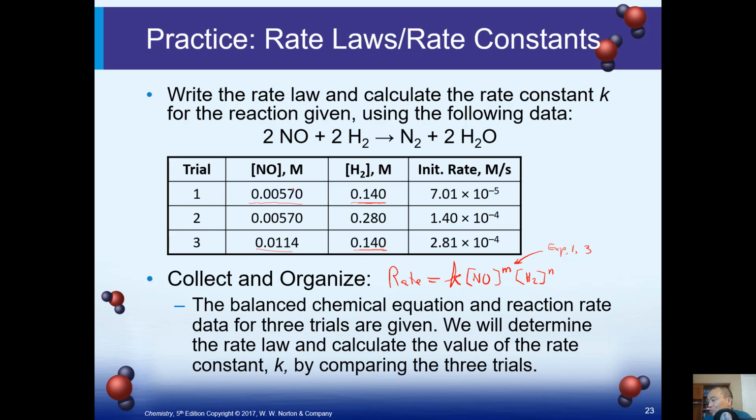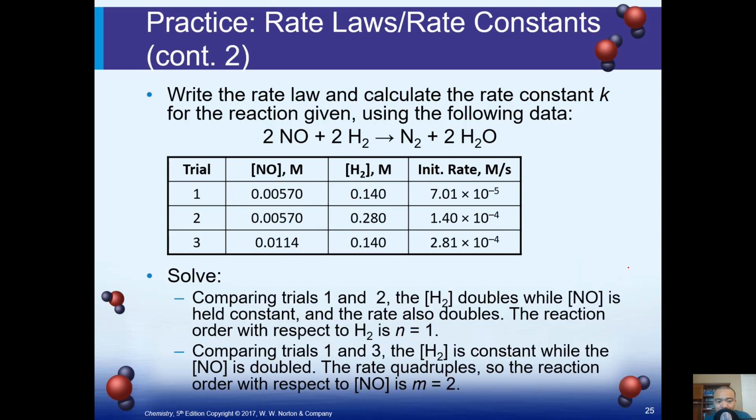So that would be experiments 1 and 2, because for experiments 1 and 2, the concentration of NO does not change, but the H2 concentration is doubled. So to determine N, it would be experiments 1 and 2.